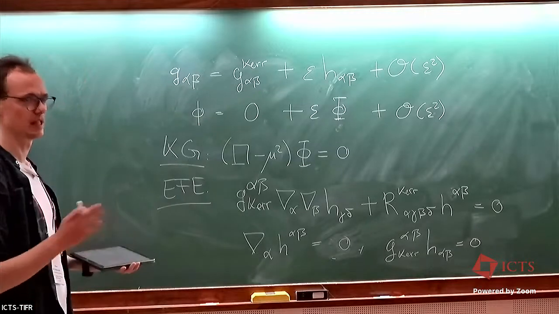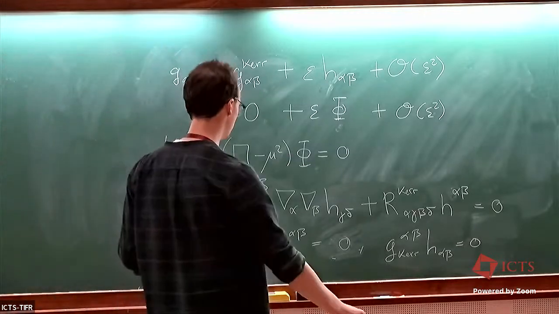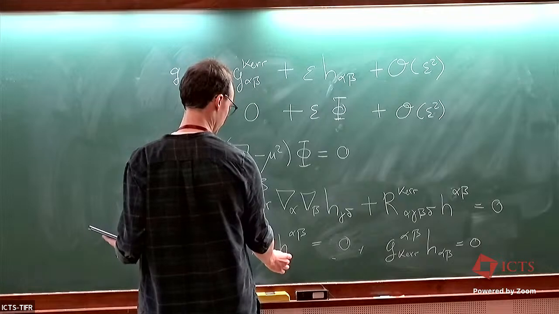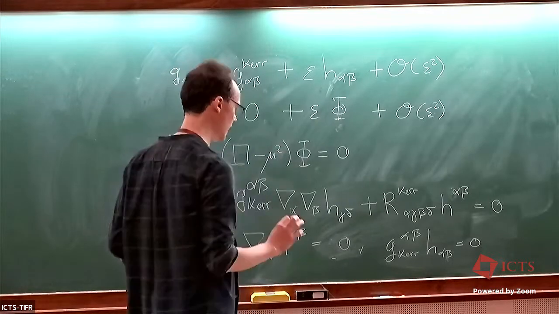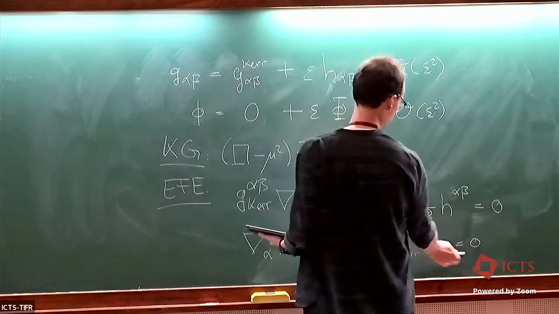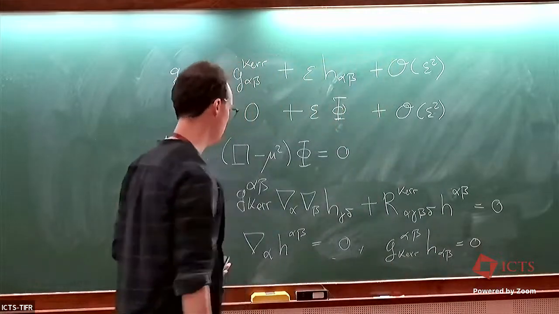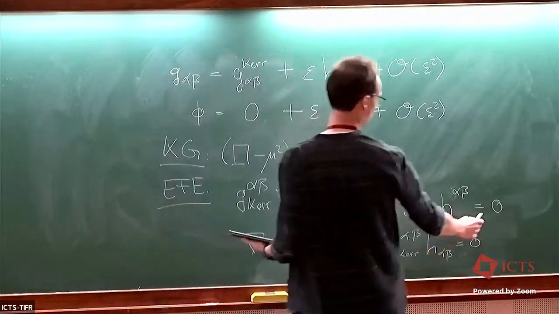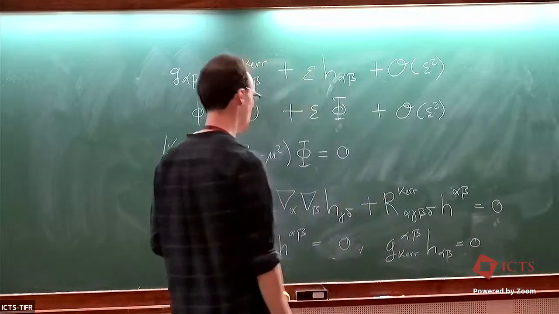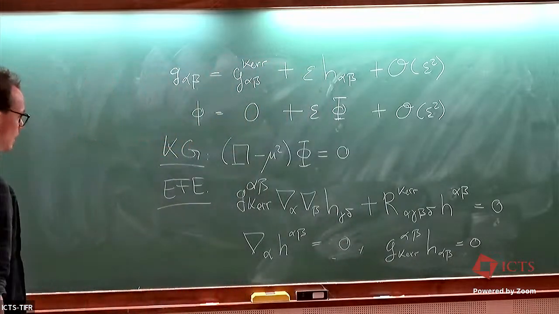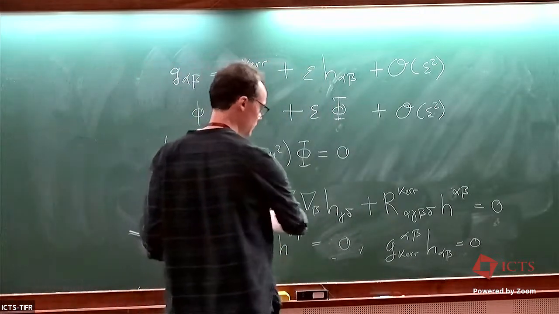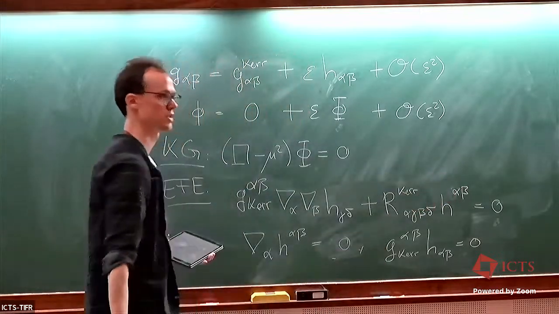Just kind of, let's say, coordinate choices you can make to set H into a quote-unquote Lorentz gauge and set the trace to 0. This you can do as long as there's that 0 on the right-hand side. Okay, and so basically this just gives you the evolution equation for the linear perturbations of the metric.